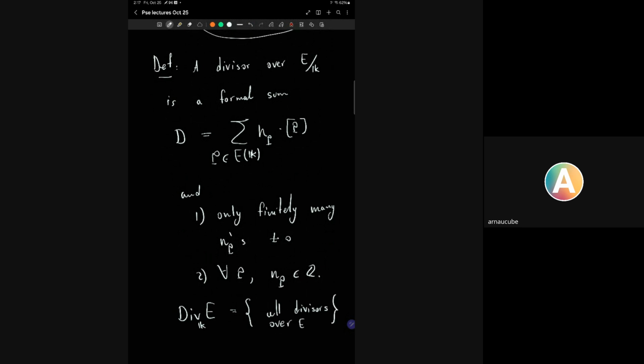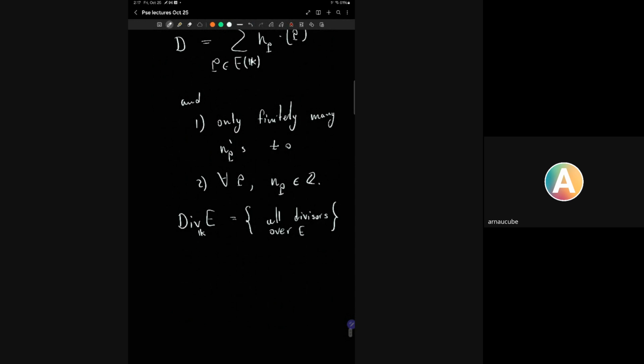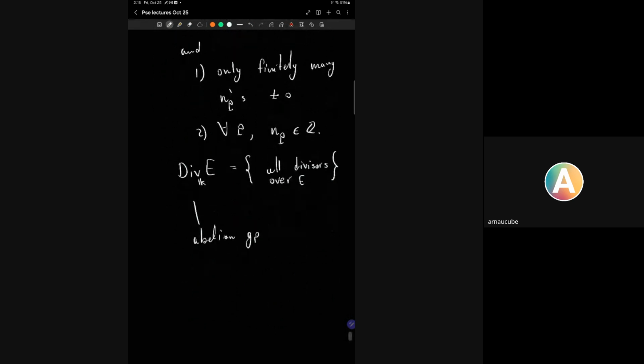And within this collection of all divisors, I have a sub... Okay, so before I get to that, this collection of all divisors is naturally an abelian group. Why?